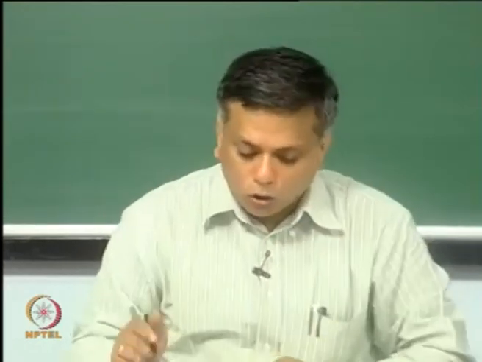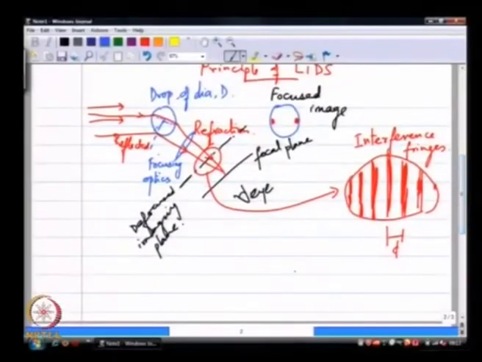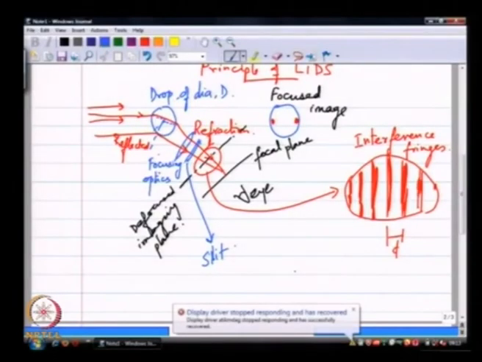I do not care about the full circular footprint. So, what is typically done at the collection optics level is that I can place a slit, and this is, in some sense, a horizontal slit that looks like this.